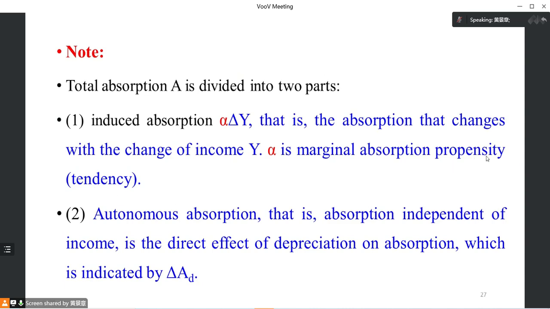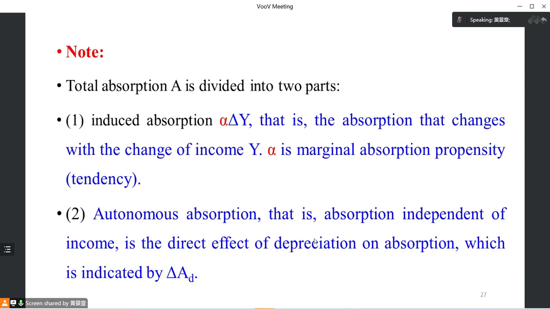Second, autonomous absorption, that is, absorption independent of income, which is a direct effect of depreciation on absorption, indicated by delta AD.